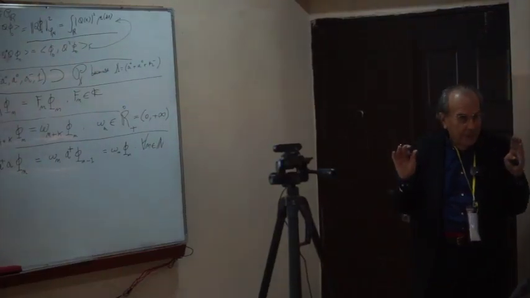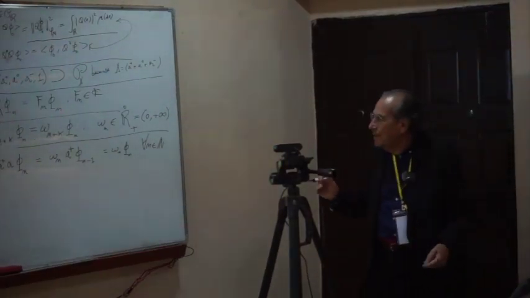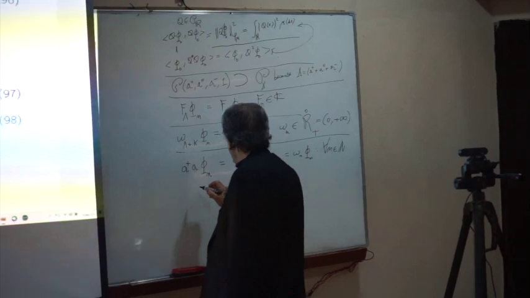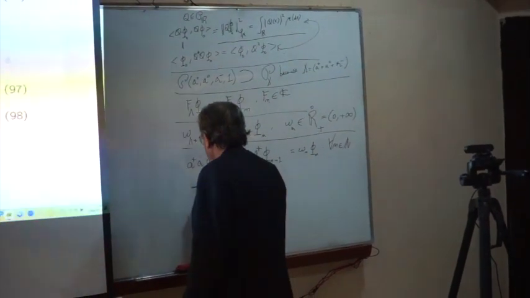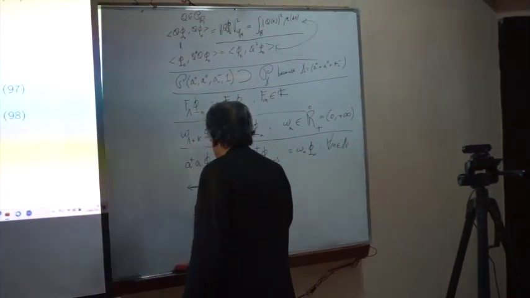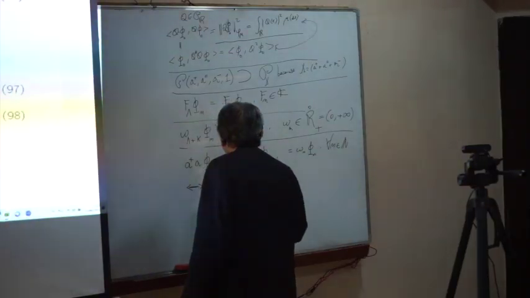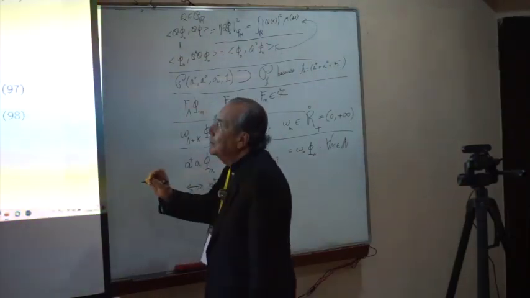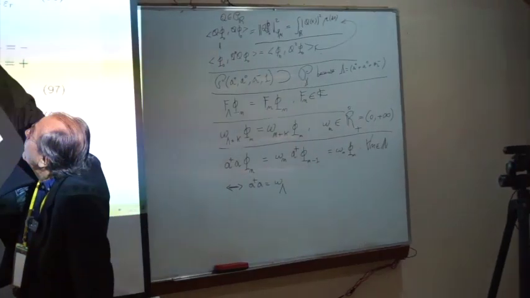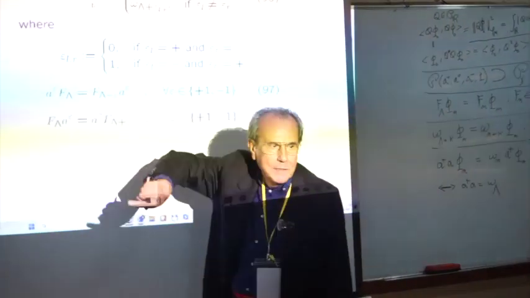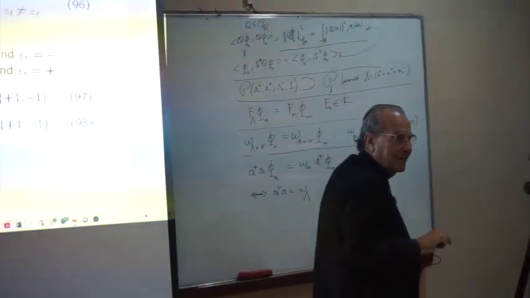Pre-Hilbert. Okay? So what we have proved is equivalent to saying that A, so this corresponds to this formula with epsilon n equals 0.